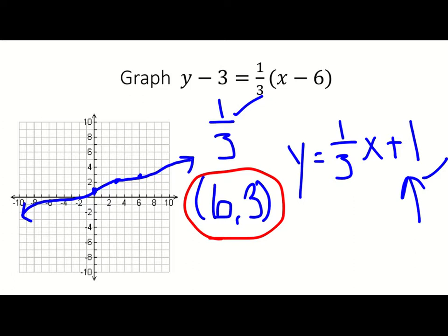So if we go over 6 and up 3, right there is our point, which did in fact fall on that line. So everything is connected. The y-intercept and the slope and the point will all help you graph this equation.